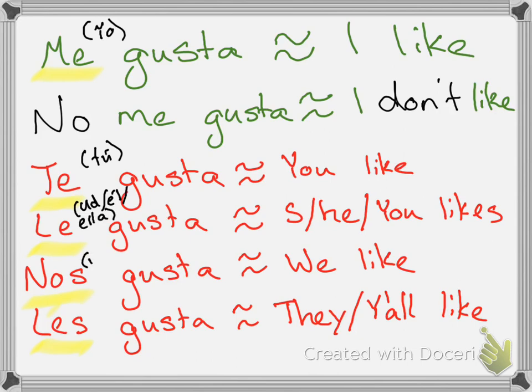Nos is representing nosotros. And les is representing ustedes or ellos or ellas. So indirect object pronouns, not subject pronouns. Indirect object pronouns are going to represent who is on the receiving end of this pleasing action.